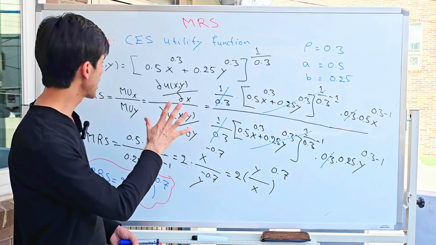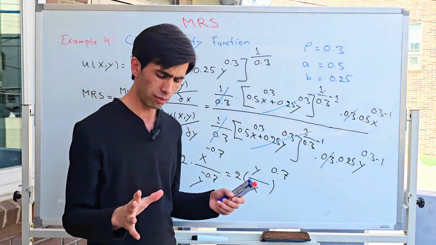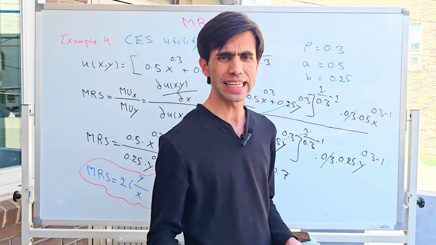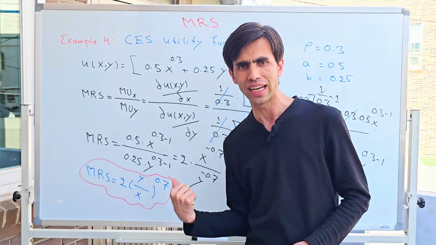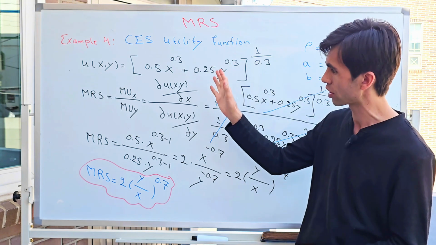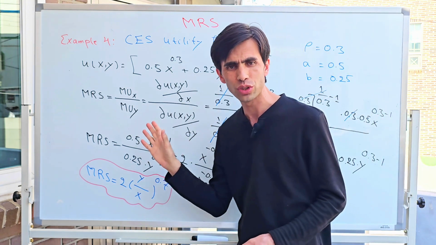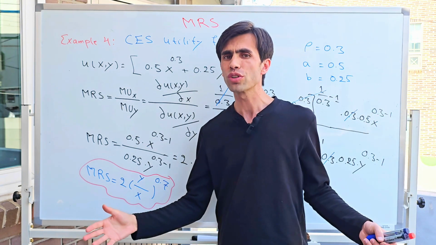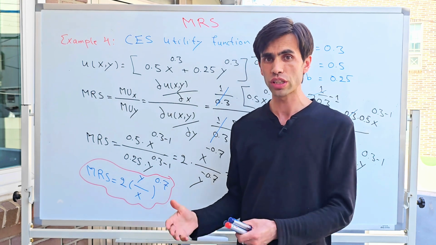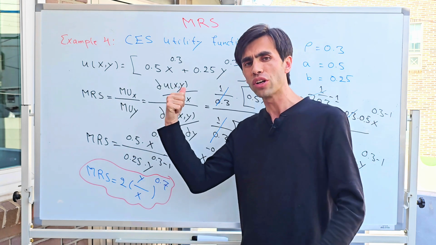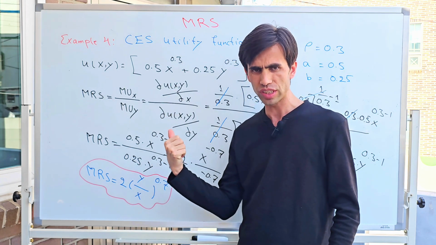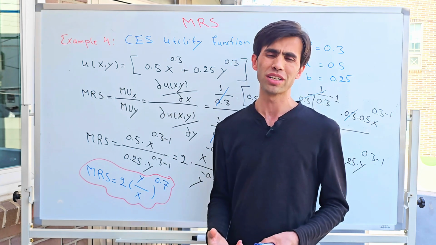So this is a numerical example for the marginal rate of substitution for a CES utility function. I hope now you clearly understand how we can find the marginal rate of substitution for a CES utility function. In the next video we are going to solve other questions related to another type of utility function to see what the value of the marginal rate of substitution will be.